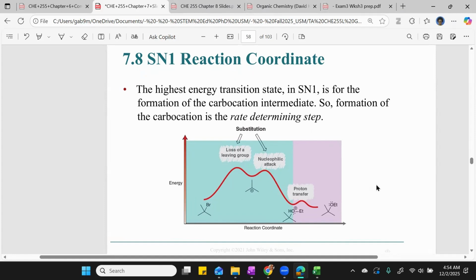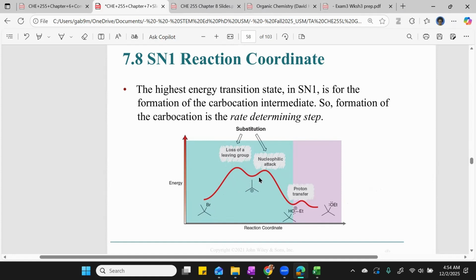So this is pretty much how our energy diagram map will look, right? It states too that the highest energy transition state is for the formation of the carbocation. It takes a lot of energy in forming it, or rather breaking from it. So we start with our starting material. We lost the leaving group, so that energy is at the highest point.